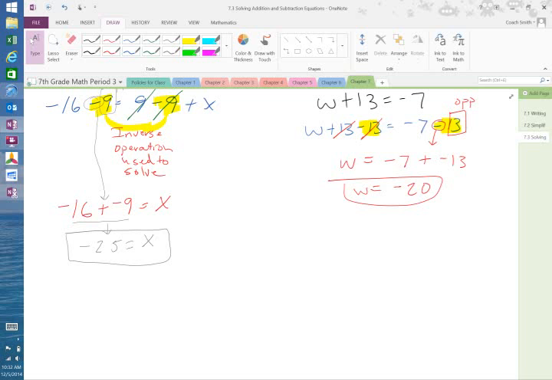So, let's look at this one. Negative 5.1 is equal to x minus 14.2. All right, there is no simplification to do beforehand. Okay, so we just do it.